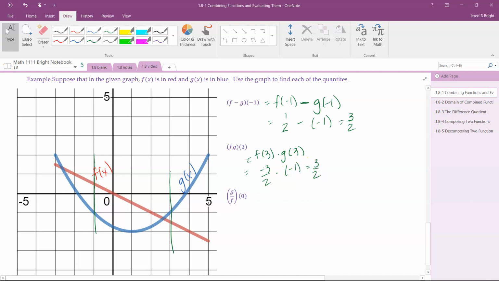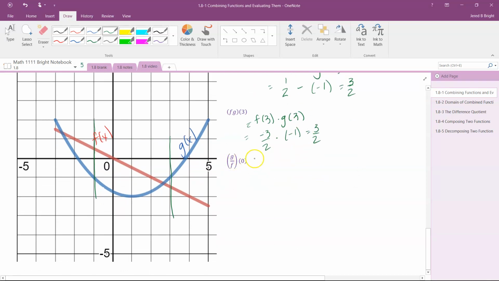And then (g/f)(0), I have g(0), let's call that about -7/4, and then I want to divide that by f(0), which is 0, so this is undefined.